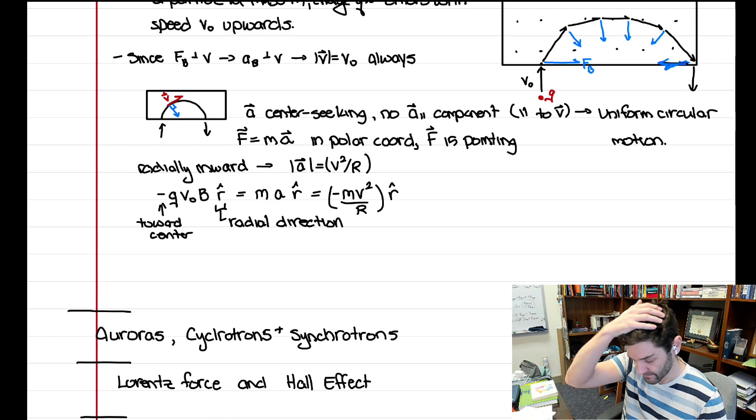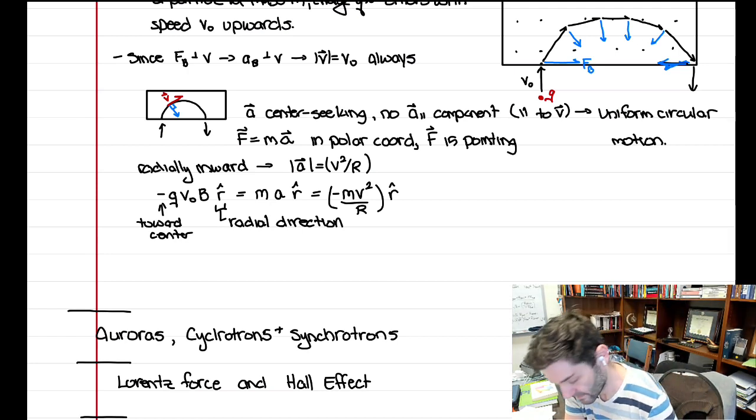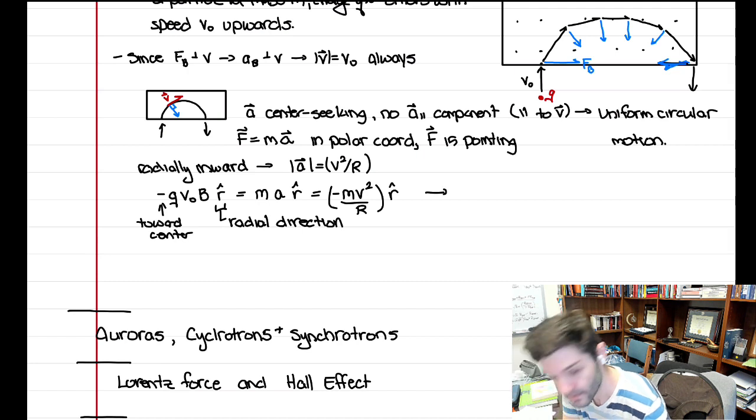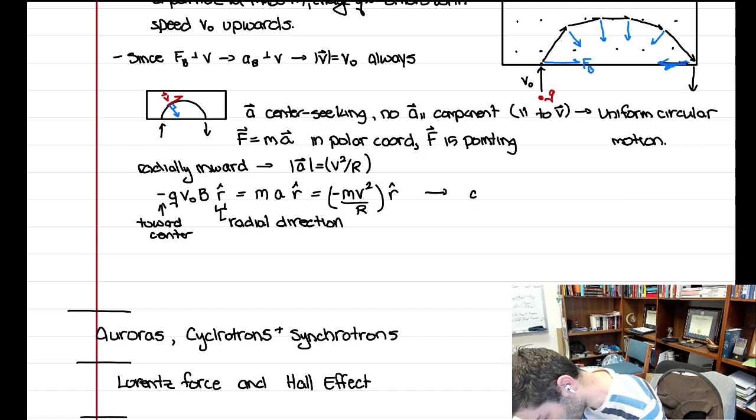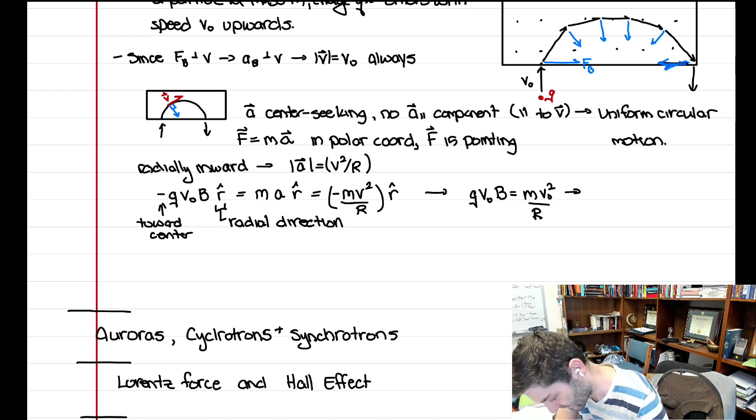And so, in that case, all this says is that Q V naught times B equals M V naught squared divided by R. And you can solve and find that the radius of this circular motion is just M V naught over Q B.